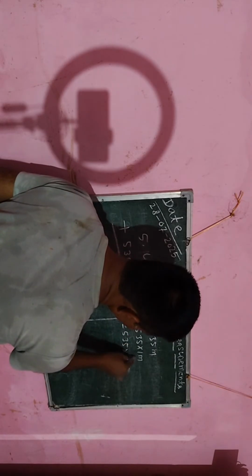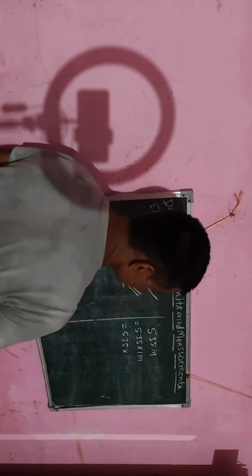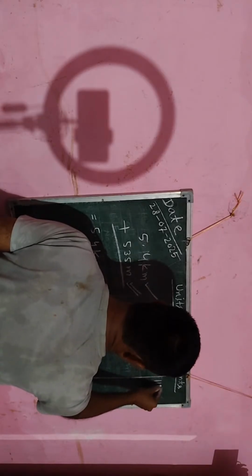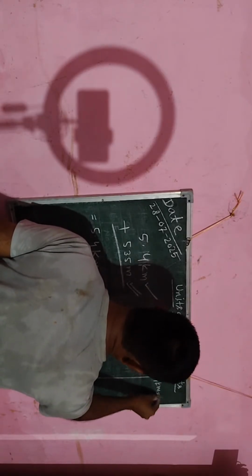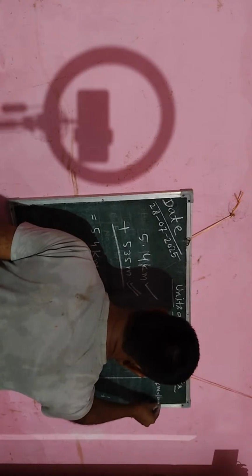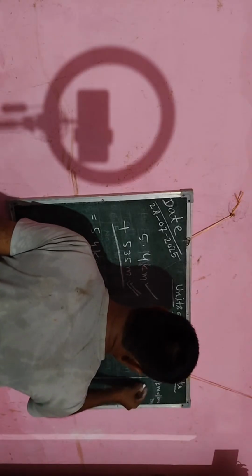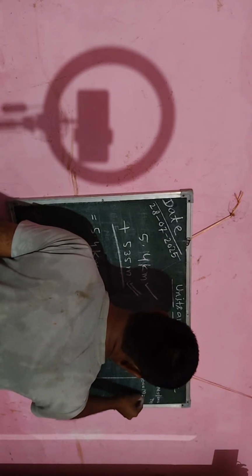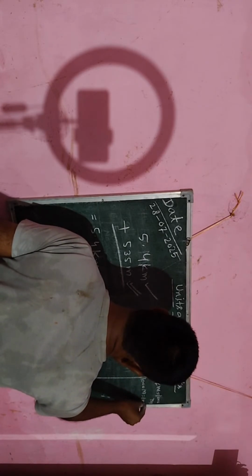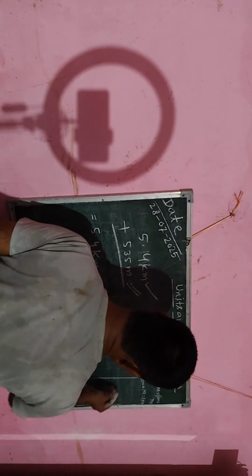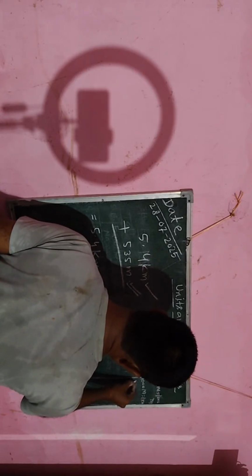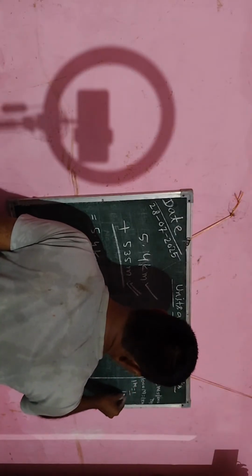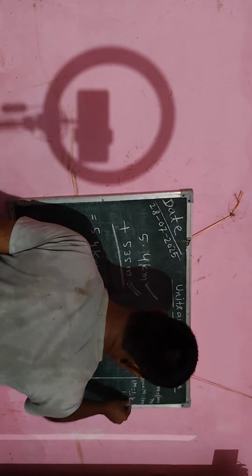Now we have to get the value of 1 meter, because I know 1 kilometer is equal to 1000 meter. Therefore, I will write 1000 meter is equal to 1 kilometer. Now I can write 1 meter is equal to 1 divided by 1000 kilometer.